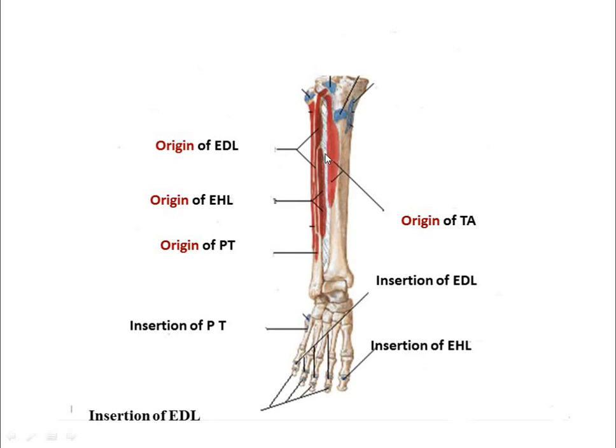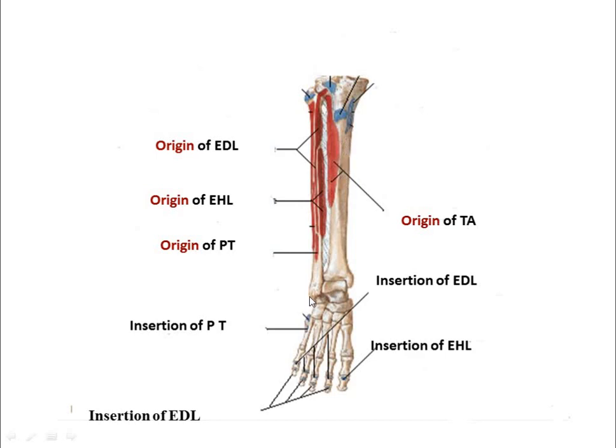Extensor hallucis longus from the middle half of the medial surface of fibula and peroneus tertius from the lower 1/4 of fibula. All these three muscles are arising from the medial surface of fibula. Tibialis anterior from the lateral surface.